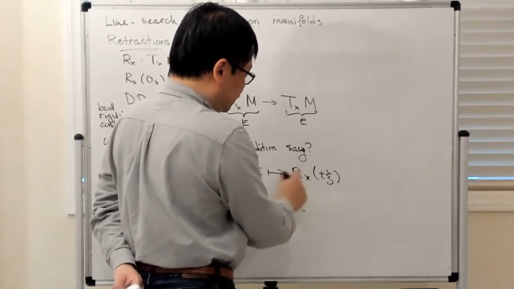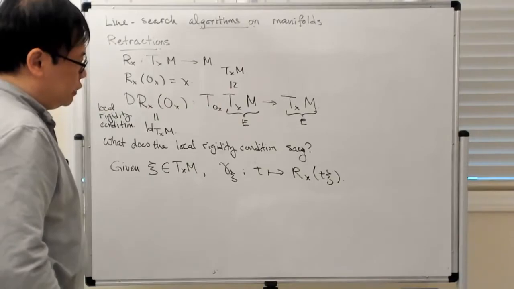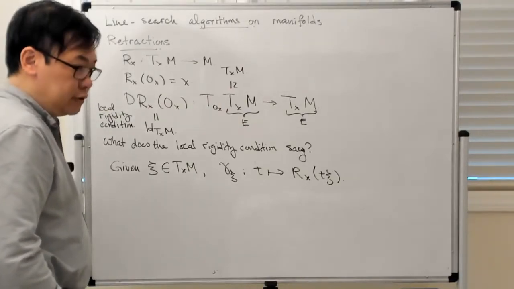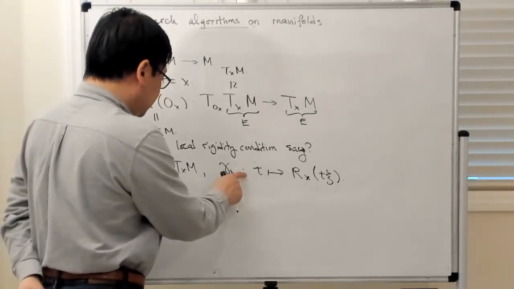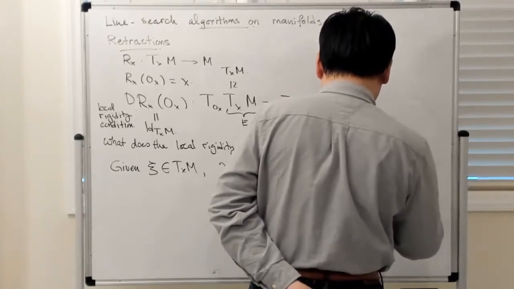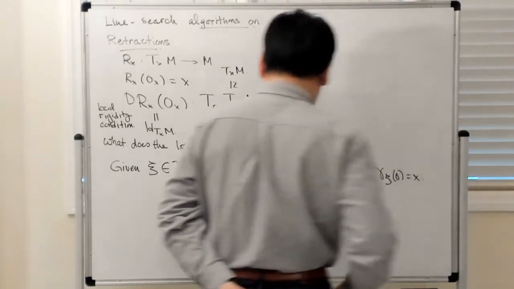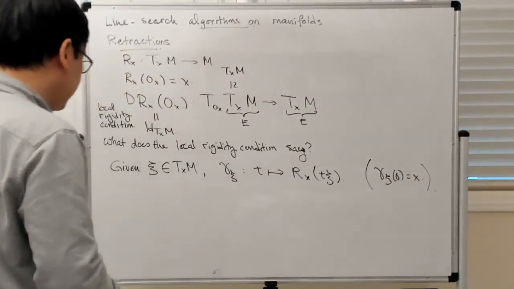The retraction of this becomes the retraction at x of 0, which is just x, right? By the first condition for retraction. So you know that this curve has the property that when you evaluate it at 0, this is just x. Okay, so this is a property of such a curve.